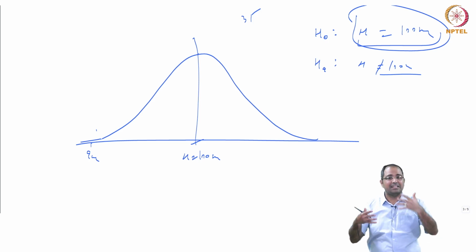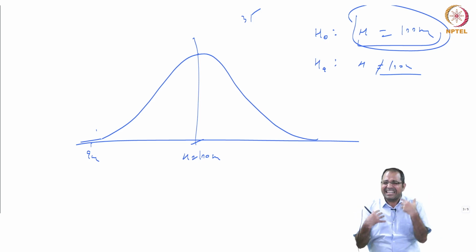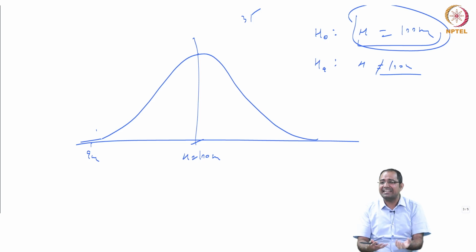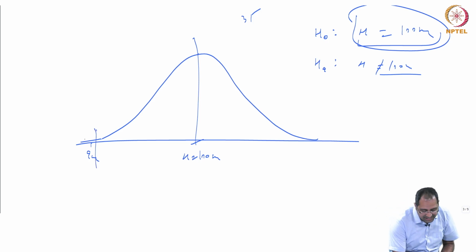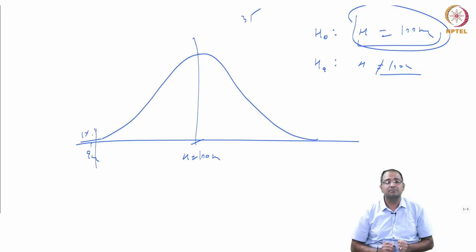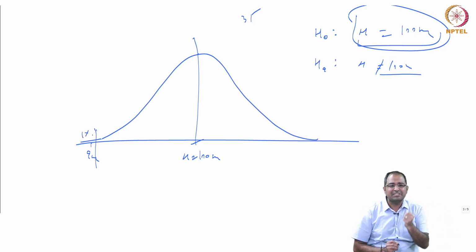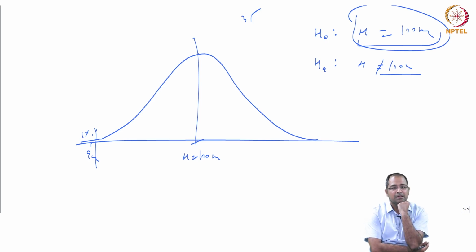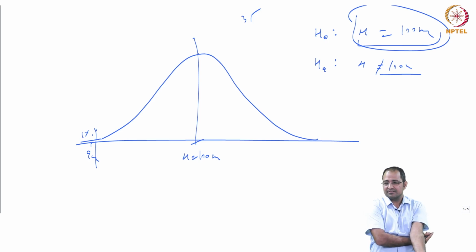If the mean height is 100 meter, how unlikely is it for me to select a sample with a mean height of 9 meter? If I see it is 1%, there is only a 1% chance that you select such a sample. It is so unlikely, you cannot be so unlucky that you get that particular sample, right?